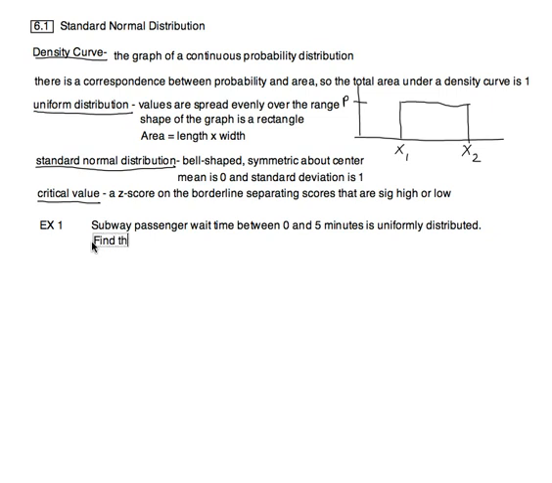And what we want to do is find the probability that your wait time is, and then we're going to look at two separate choices. A, greater than 1.25 minutes, and then B, between 1 and 3 minutes.